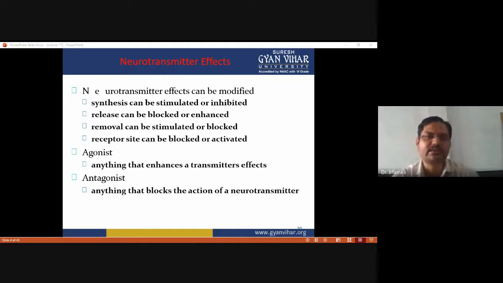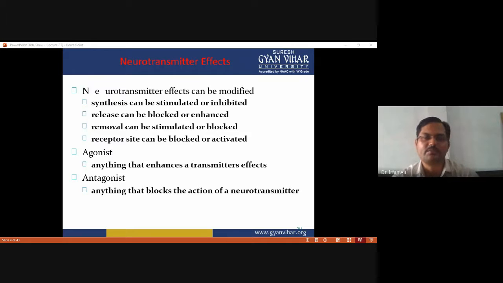So removal can be either stimulated or blocked, and both these conditions can be found while we study nerve impulse conduction through the chemical synapse.